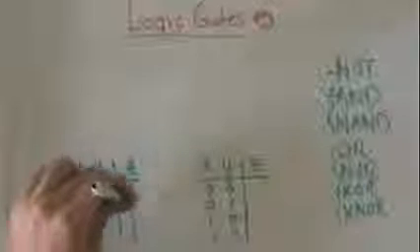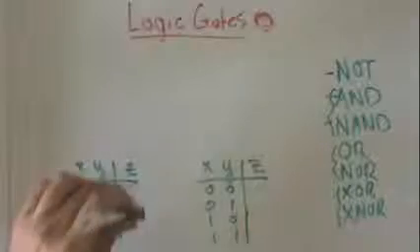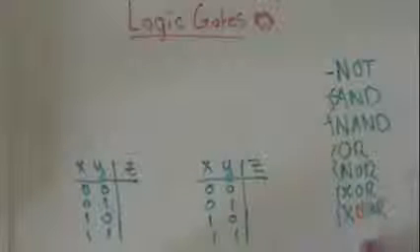Okay, last set, which I think is a cool set because they do cool things. Okay, so last set is going to be the exclusive OR and the exclusive NOR. Hopefully you guys can see the truth tables on there. Okay, XOR.